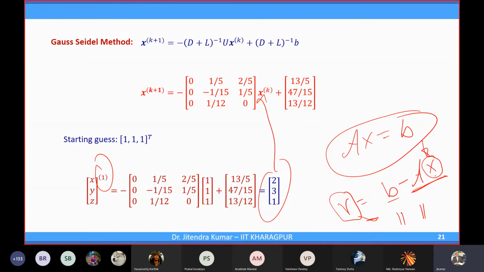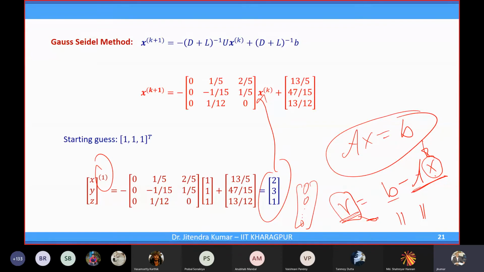Any norm which we have discussed you can consider, and it will give you the idea, because that norm should be close to 0. We are expecting this R to be close to 0, 0, 0, all components close to 0, right? And then that means your approximation is pretty good.